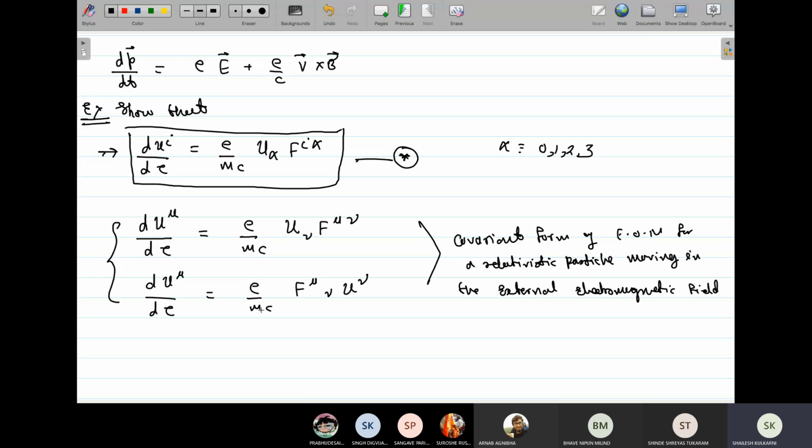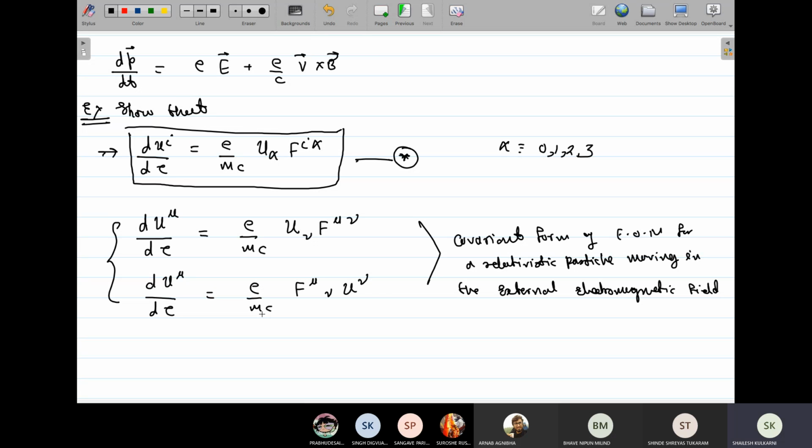Then you consider E is 0 and the magnetic field is constant and uniform. Then you consider the situation where the electric field is static but not uniform. That is the electric field of a point charge, but B is 0.